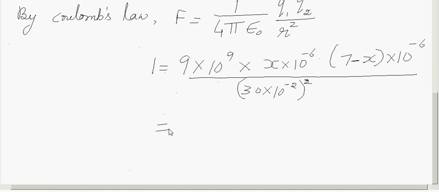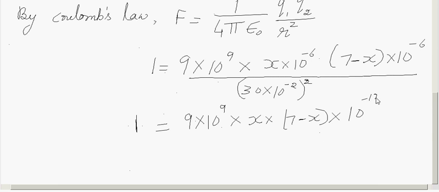So this will become 1 equal to 9 into 10 to the power 9 into x into 7 minus x. So I'll take 10 to the power minus 6, 10 to the power minus 6, that is 10 to the power minus 12, divided by 30 into 10 to the power minus 2, which is nothing but 0.3 square.